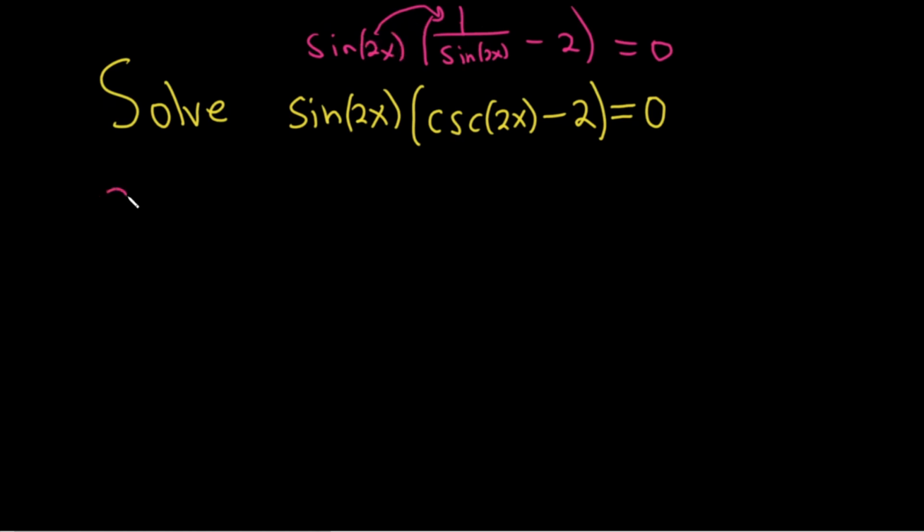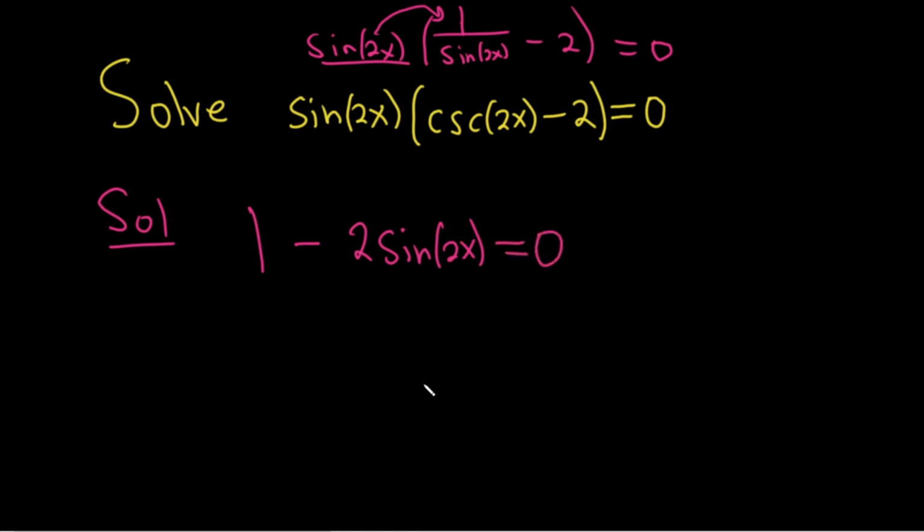So distributing through, sine 2x times 1 over sine 2x is going to give us 1. Then minus, this will be 2 sine 2x. And then this is equal to 0. And we can solve this for sine 2x by subtracting 1 from both sides like this.